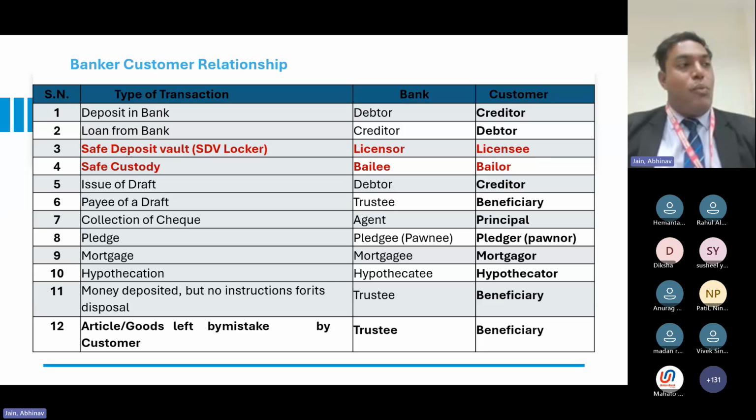Do remember, here the bank would be trustee and the customer would be beneficiary. If a customer left some goods or article by mistake, then again the bank would be trustee and the customer would be beneficiary. Please do remember. I hope it is clear to all of you. One question might come from this entire table.